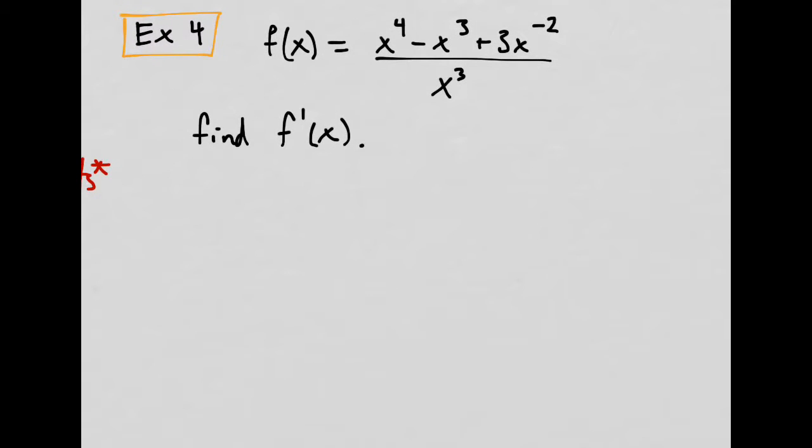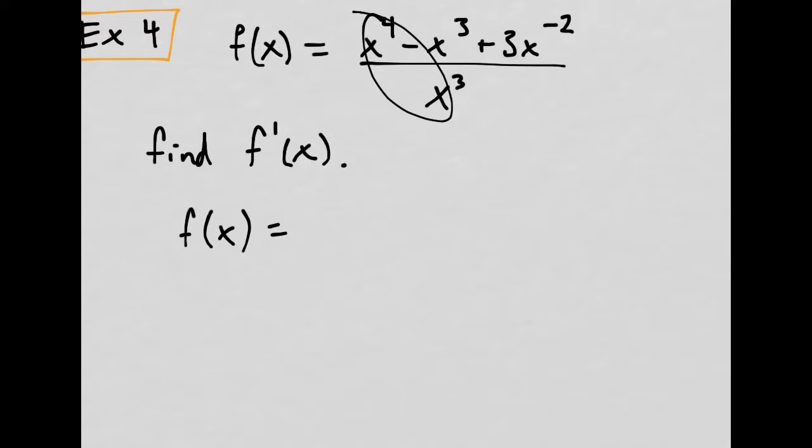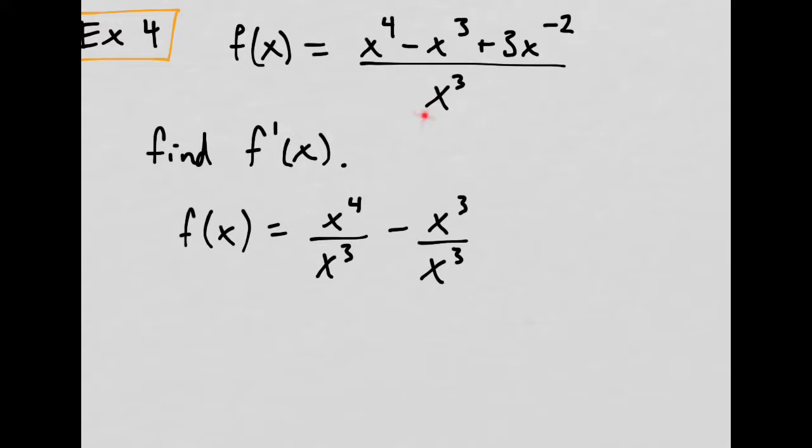We first split up the denominator. So here, I'll just have x to the fourth over x to the third minus x to the third over x to the third, and then plus 3x to the negative 2, and then just over x to the third.